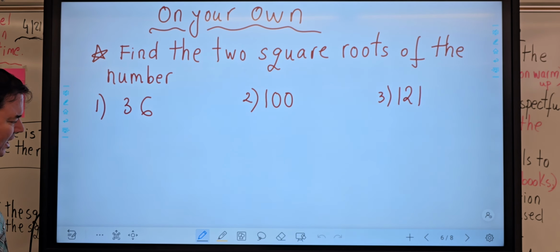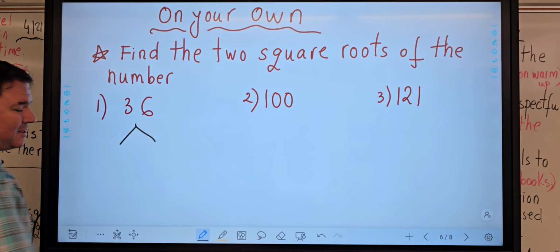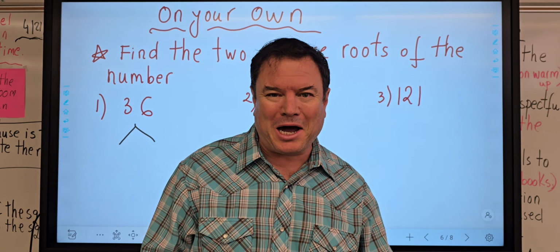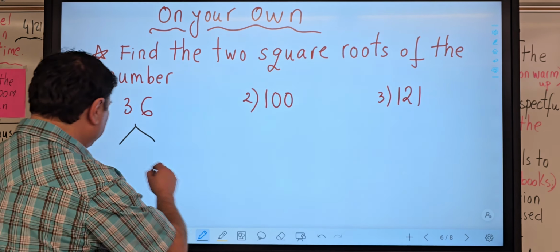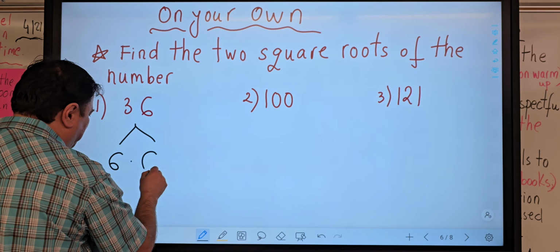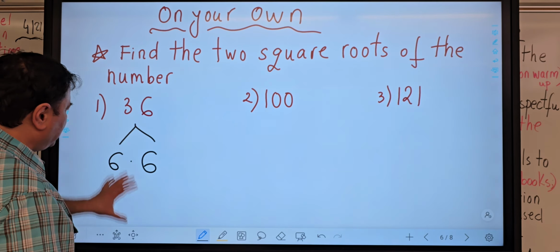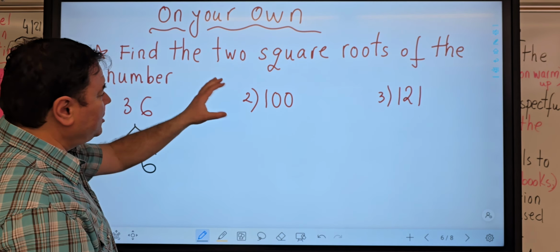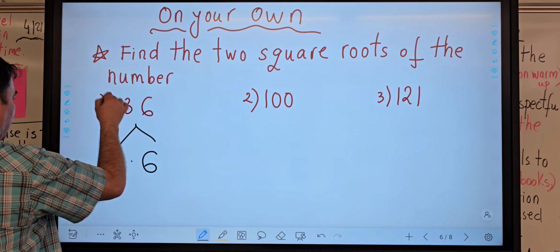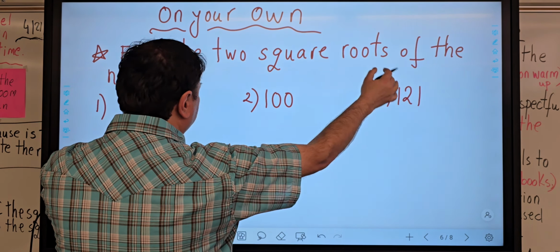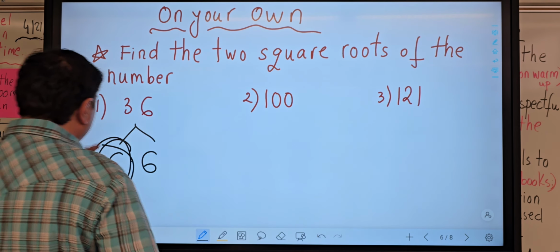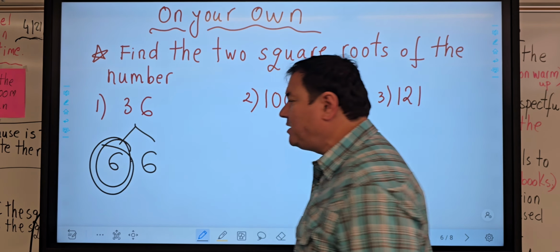And remember, 36 can be written as, let's look at the positive value of 36, 6 times 6. Positive 6 times positive 6 gives us 36. So to find the square roots of 36, one of them will be positive 6.